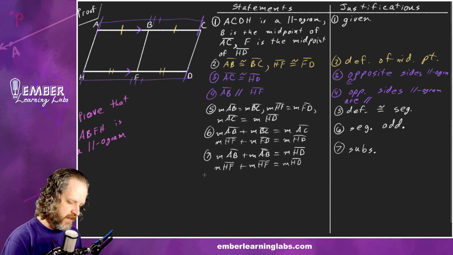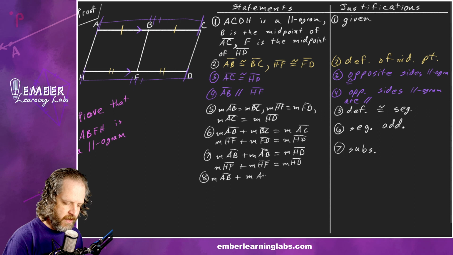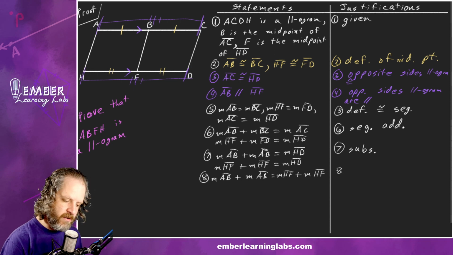So 8. The measure of AB plus the measure of AB equals the measure of HF plus the measure of HF. Also because of substitution. Right?